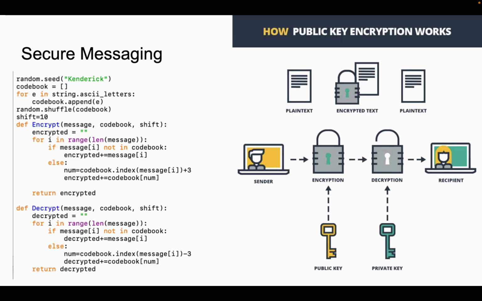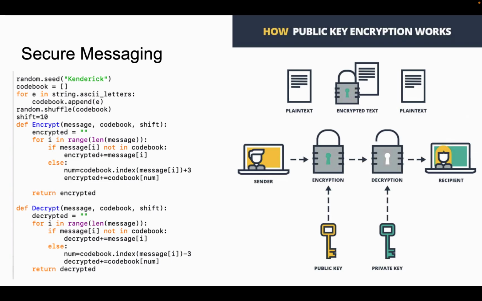For the decrypt function, it's the same analogy. We check each item in the list if it's in the codebook or not, and we return the decrypted or encrypted message if it is in the codebook.